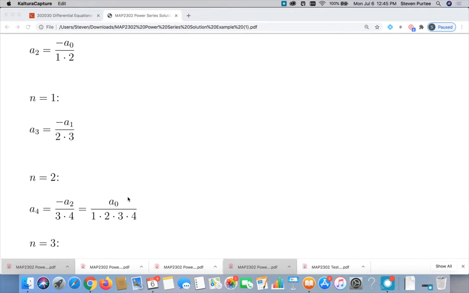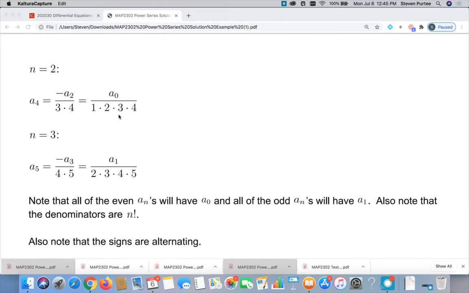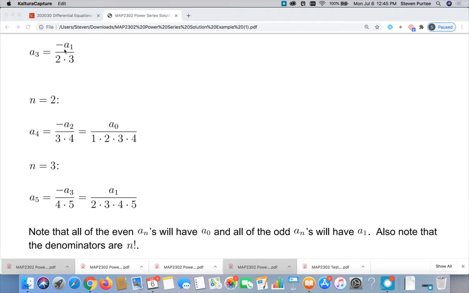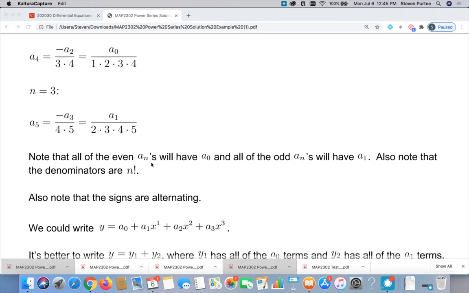Here's a4. Notice that's 4 factorial. That was 3 factorial, 2 factorial. Plug in n equals 3, we get a5 is this. That gets us back to a1 because a3 was this. That's a 5 factorial. So note all the a_n will have an a0 or an a1.